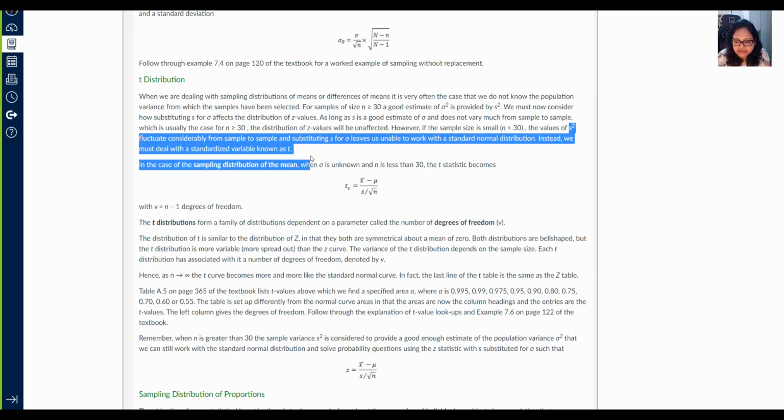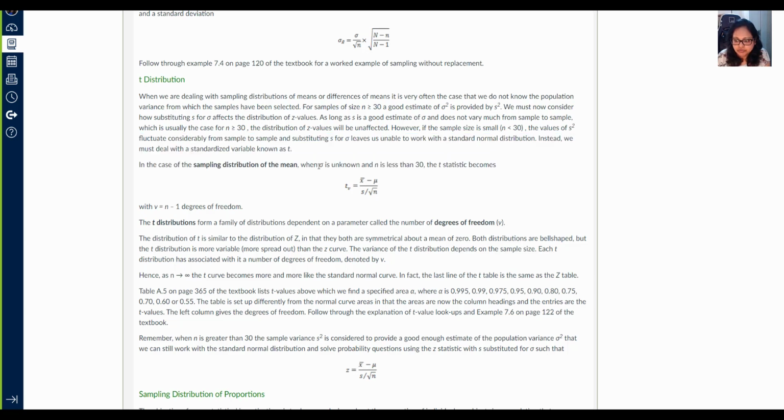In that case, we cannot use the z distribution. We have to use the t distribution. That means we do not know the population standard deviation, and the sample size is small. Then instead of the z statistic, we have to use t.